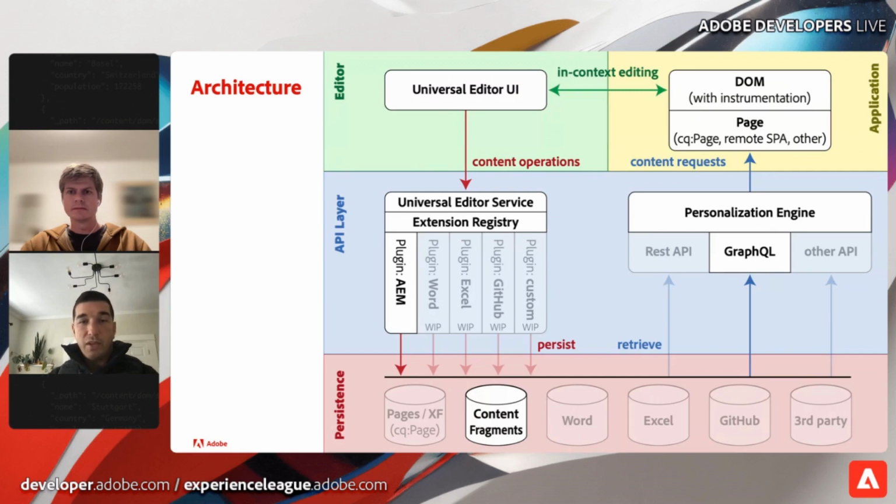And so in our architecture, what we did is we are integrating the universal editor with an existing React application. It wasn't designed initially to work with universal editor, but it's actually quite easy to implement, and we're going through that process now.